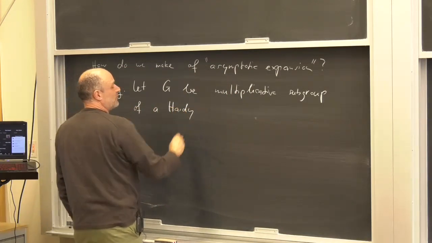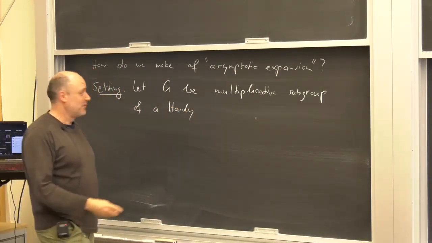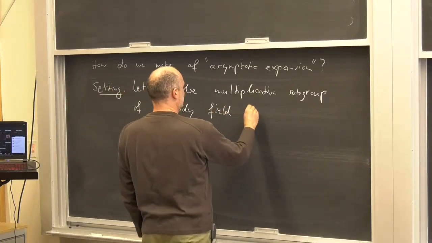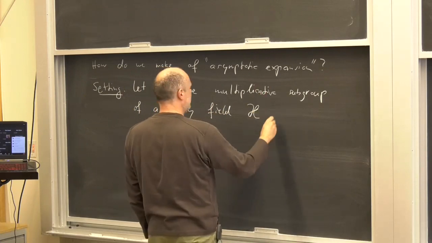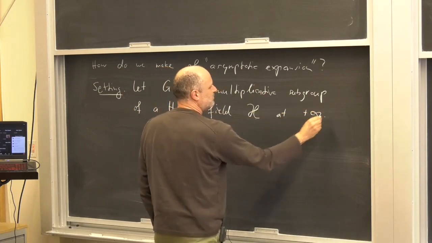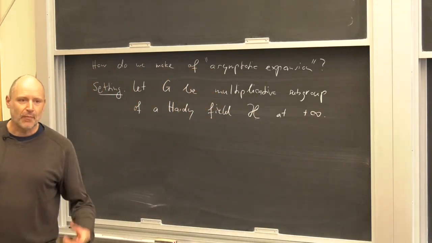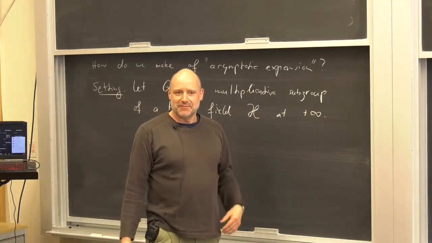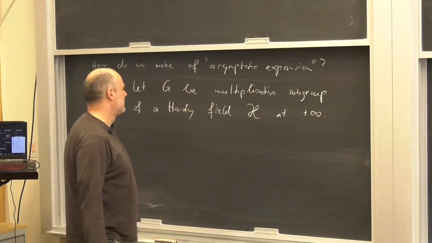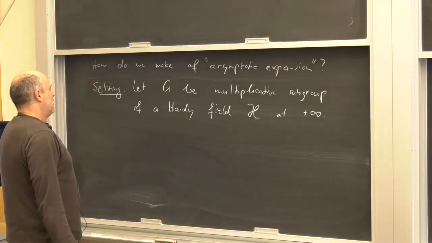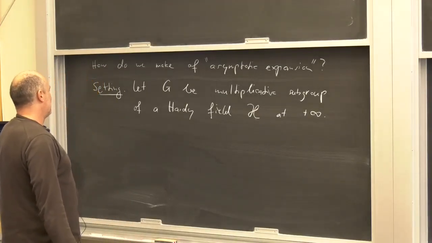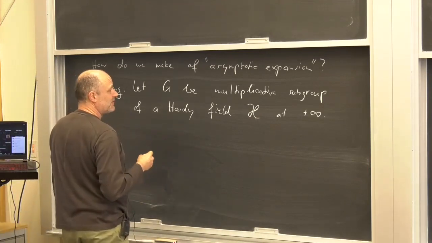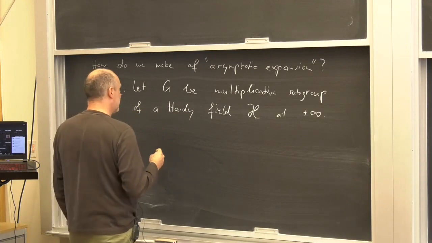I think by now everybody knows what the Hardy field in terms of functions is, right? So I don't have to define that again. H, at plus infinity. I mean, powers of x, powers of e to the x are all such examples. In general, it's just a multiplicative subgroup that I use for my set of monomials.